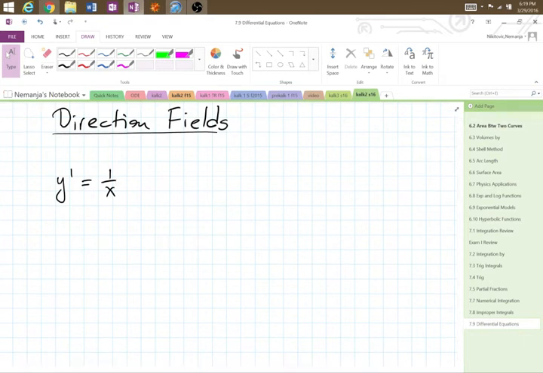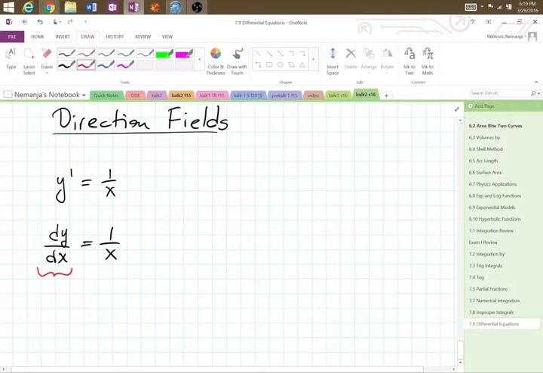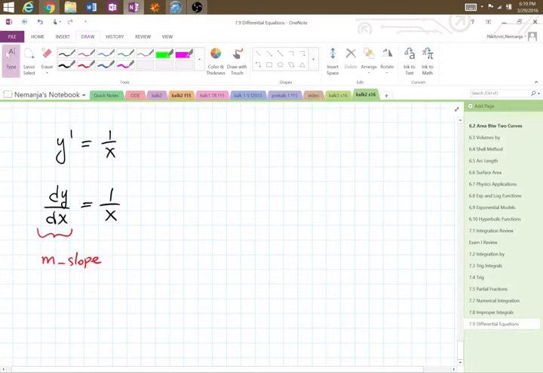I realize that y prime, dy over dx, is equal to 1 over x. Now this part here, by Calculus 1, is the value of the slope of the line. It's m, the slope. So I can pick a value for the slope, and then compute from there the line on which that slope needs to be drawn.